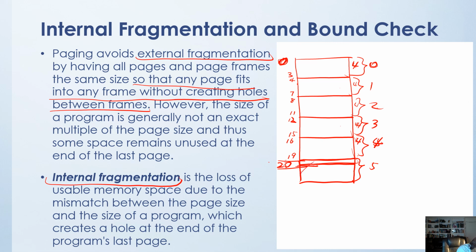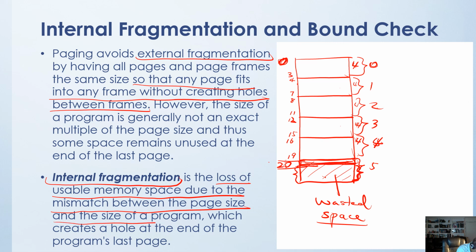Now for this last page, only one address is used. The other 3 logical memory addresses are empty. That's the wasted space. Now this wasted space is called internal fragmentation. So internal fragmentation is the loss of usable memory space due to the mismatch between the page size and the size of the program. Now, if the size of the program is just a multiple of the page size, that's a perfect match.